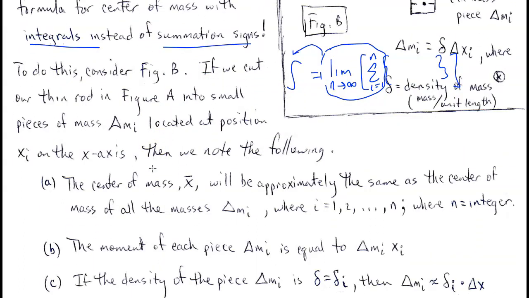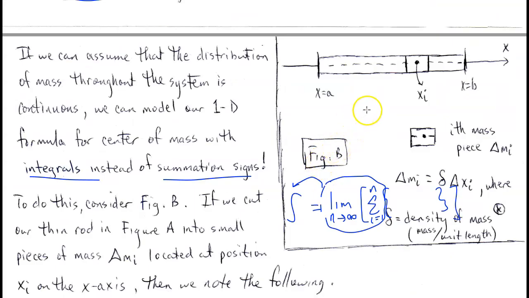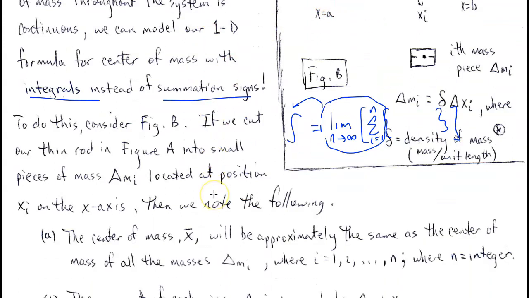To do this, we're going to consider this figure B here, and we're going to assume that we take a slice of this one-dimensional figure. I've just drawn it fat so that you can see what's going on, but we're still assuming that this is like a thin rod wire, okay?